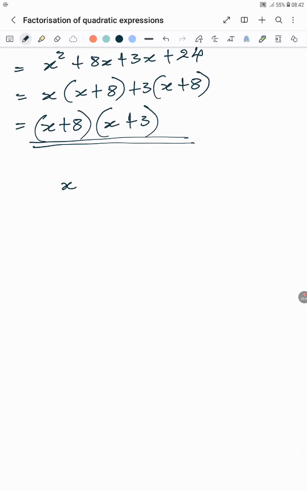If you have x squared minus 11x plus 24, and you are asked to factorize, the first stage, you're going to get 24x squared. And what are the two factors here?